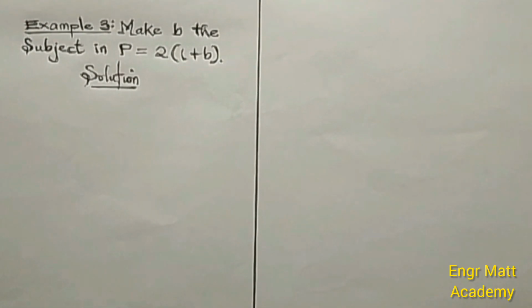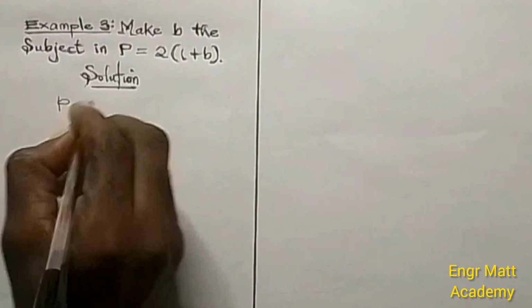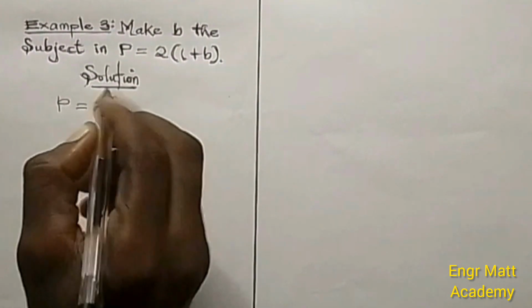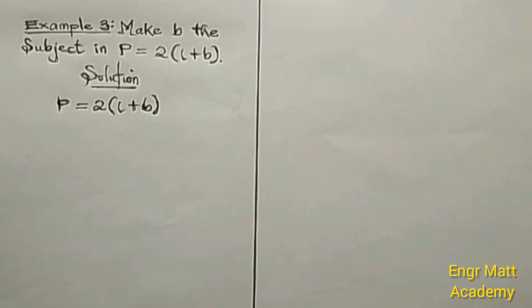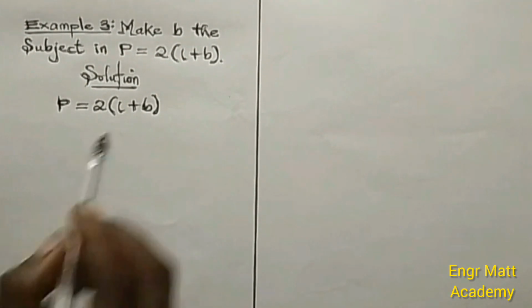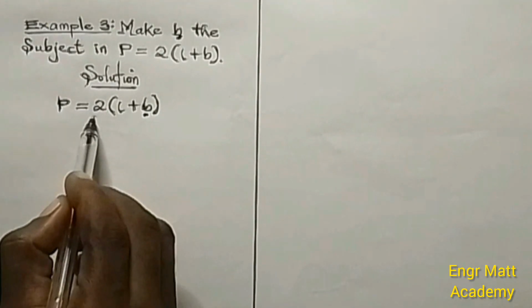In example 3, the formula is P is equal to 2 open bracket L plus B close bracket. And our task is to make B the subject of this formula. So before you touch anything, pause and ask, what operations took place here?